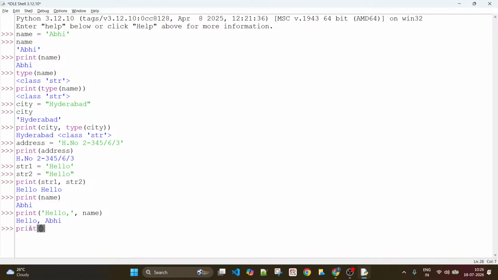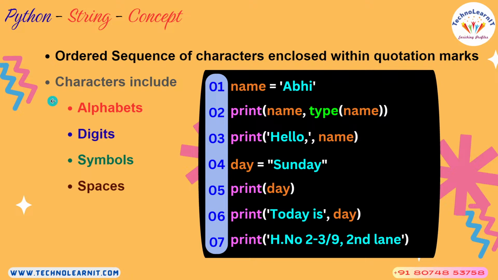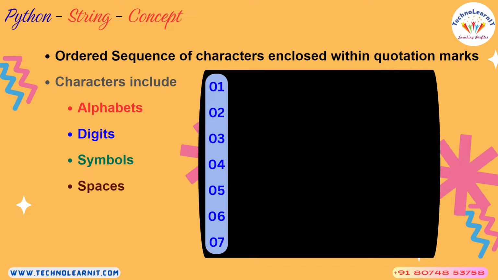For example, I want to print name and address, quite possible. So you can separate these strings with a comma in print. Make sense? This is how you can construct a string using alphabets, digits, symbols, and spaces. All right, let's move on.